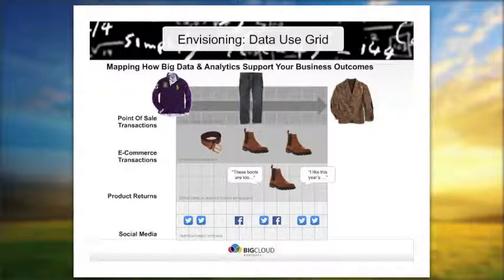And if I combine that with my point of sale transactions from above, customers that have purchased the rugby and have purchased the pair of jeans seem to show some level of probability of buying a sport coat of some sort. And now I have some contextual unstructured data and product returns that suggest to me that that likelihood of a sport coat purchase is actually probably going to be in the tweed hunting coat category.